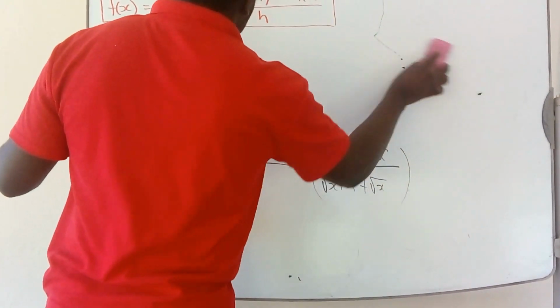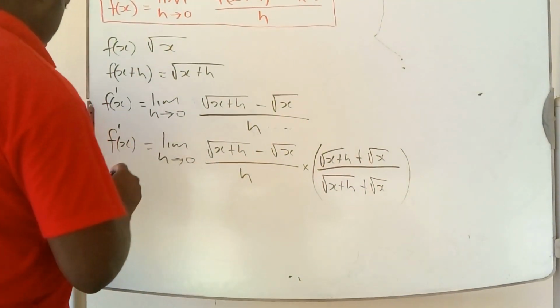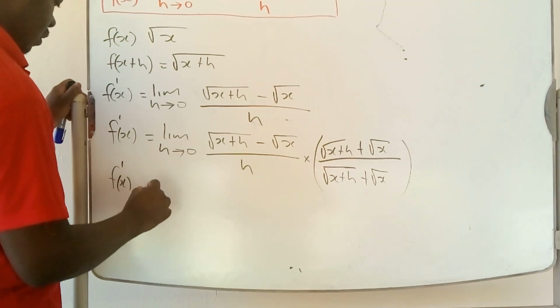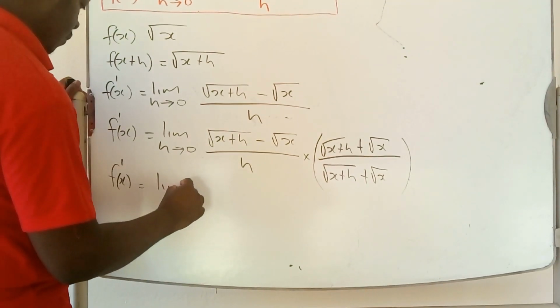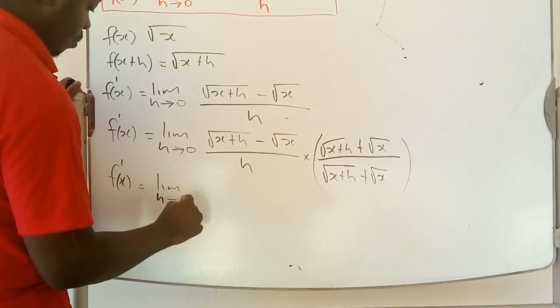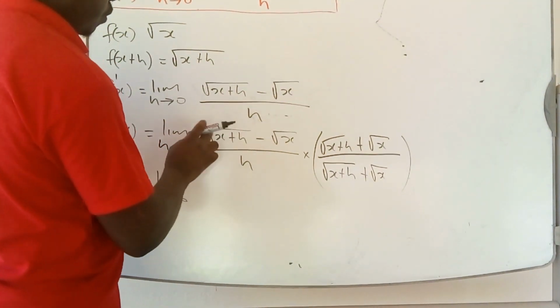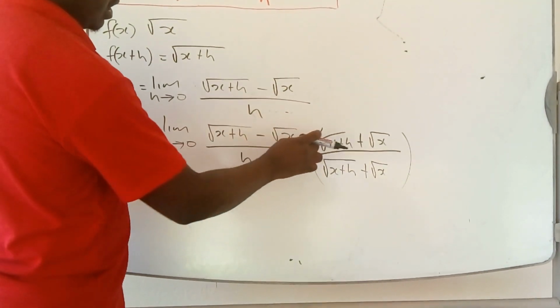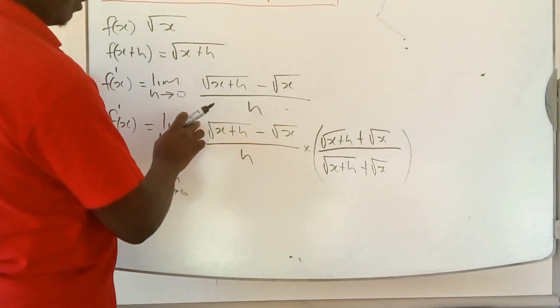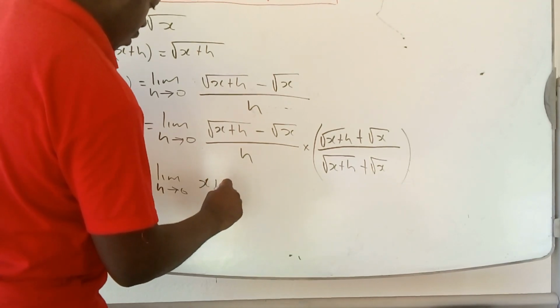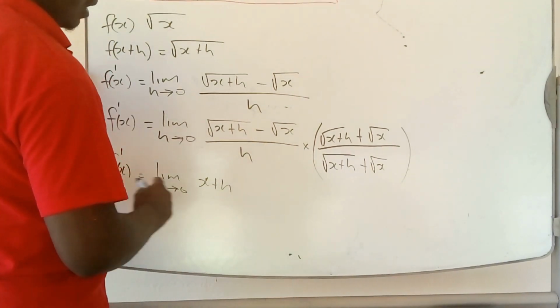So if we use the same idea, the derivative of f of x is equal to the limit as h approaches 0, right? You square the first term, the root of x plus h times the root of x plus h. The root sign will disappear, so all we're left back with is just x plus h, right?